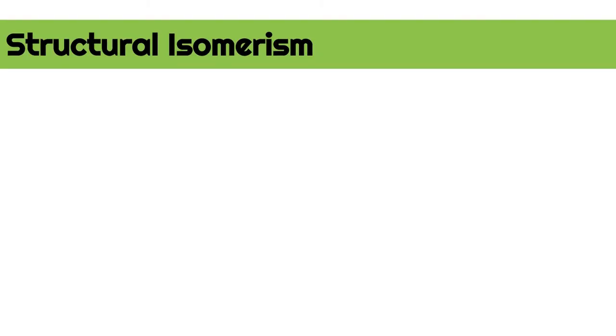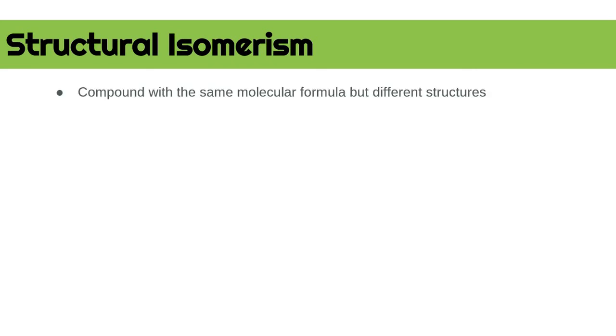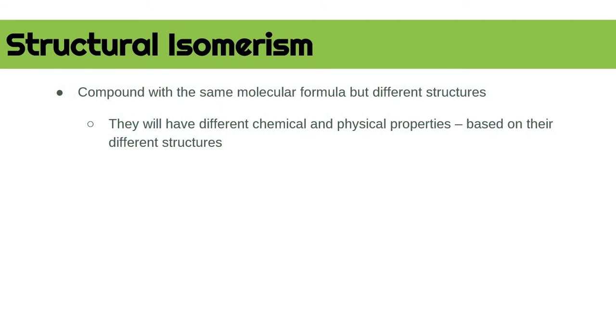That is what you call structural isomerism. Structural isomerism: compounds with the same molecular formula but different structures. They will have different chemical and physical properties. Even if only their chains or branches differ slightly, their boiling points, reactivity, and physical properties will change, such as whether they are liquid or solid.